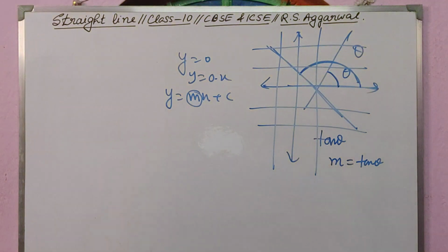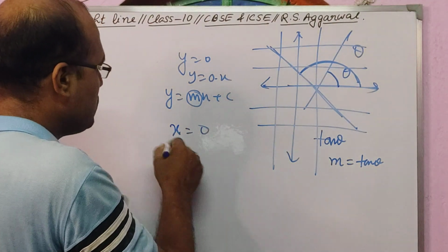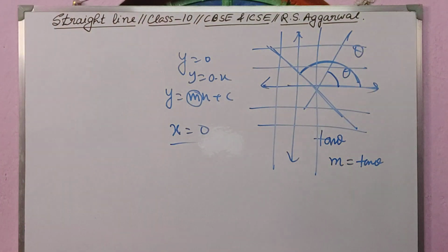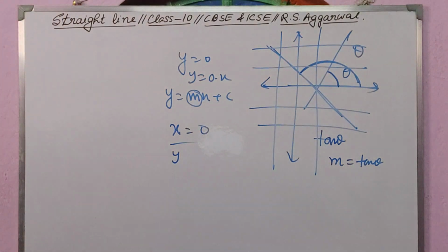The slope of the y-axis is not defined. As the equation of the y-axis is x is equal to 0, there is no y value, so we can't express this as y is equal to something, so its slope is not defined.